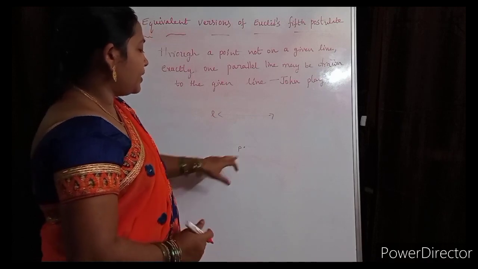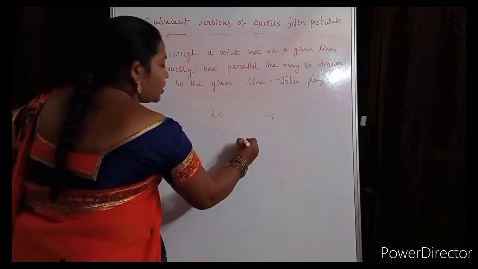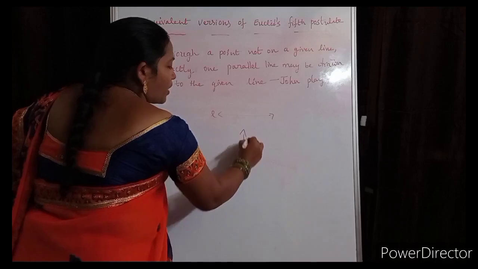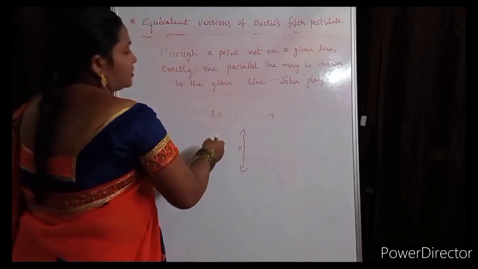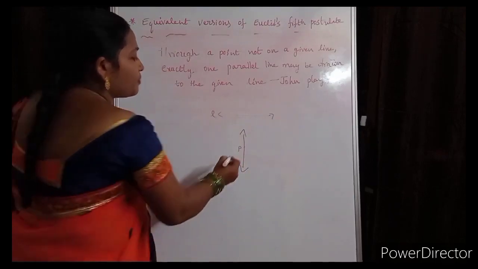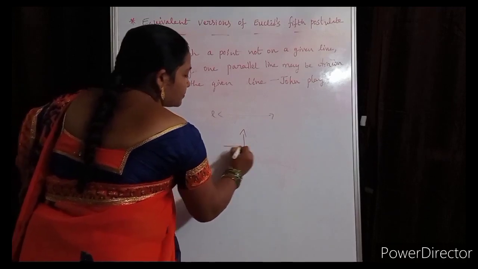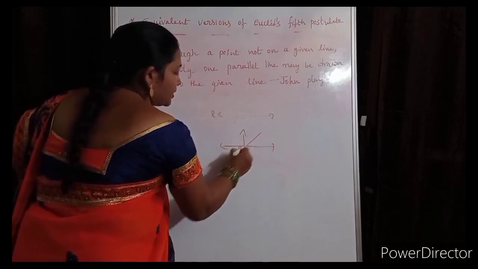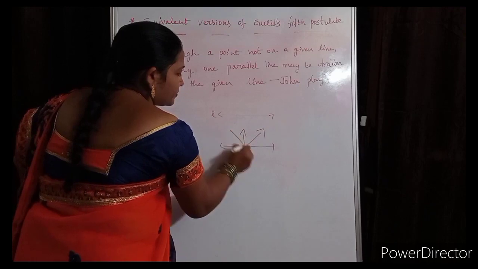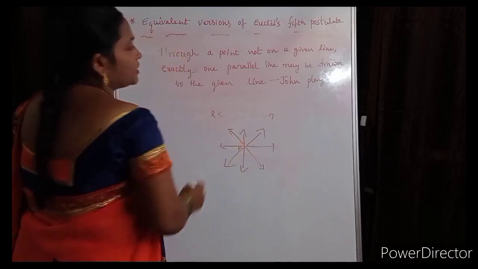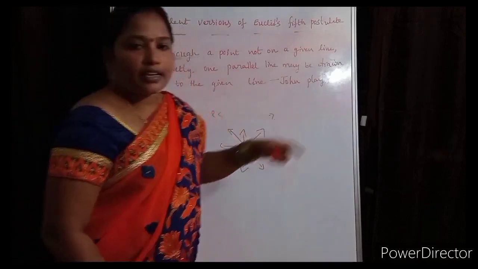Through P, exactly one line parallel to l. This is called Playfair's axiom.